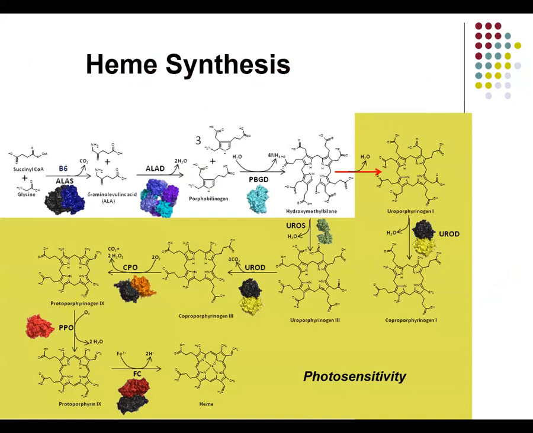The first step takes place in the mitochondrial matrix and involves the synthesis of delta-aminolevulinic acid catalyzed by the enzyme delta-aminolevulinic acid synthase. This enzyme is abbreviated ALAS. This enzyme catalyzes the rate-limiting step of heme synthesis, and this enzyme requires pyridoxal phosphate for activity. Remember that pyridoxal phosphate is derived from vitamin B6.